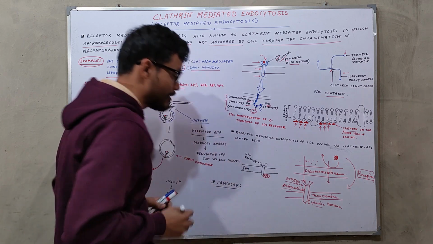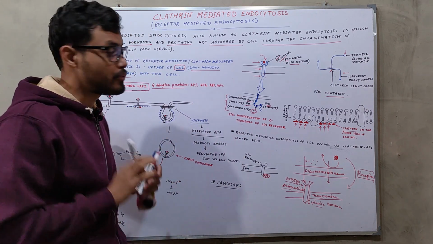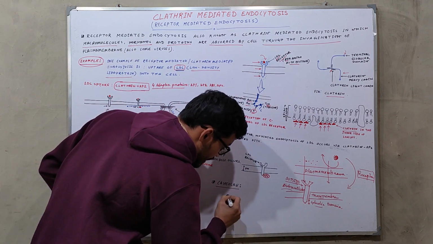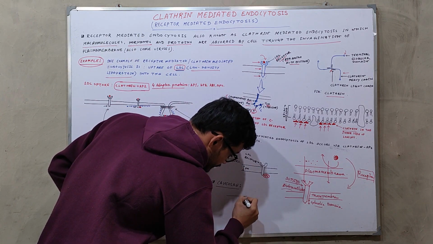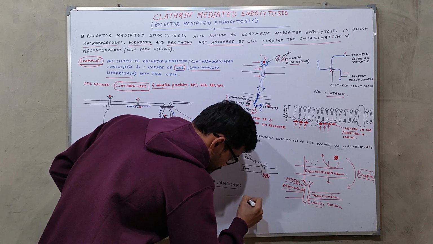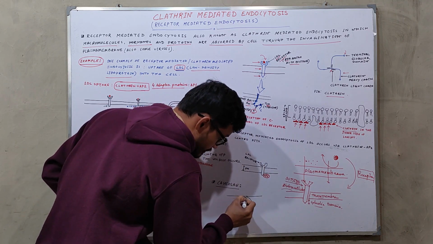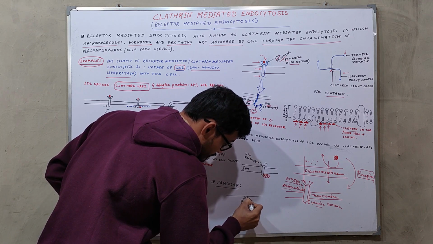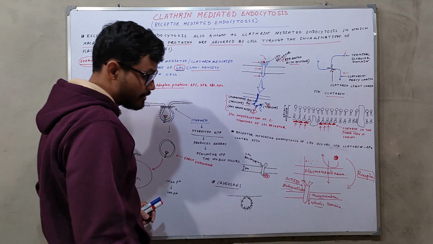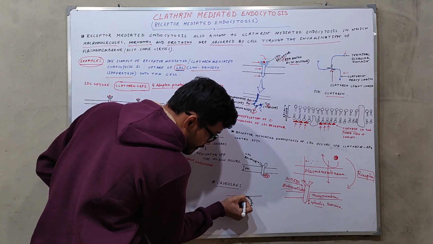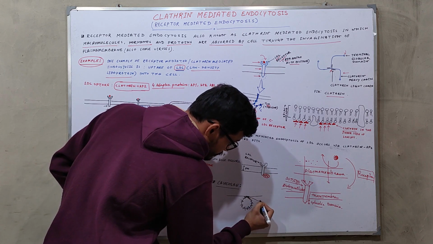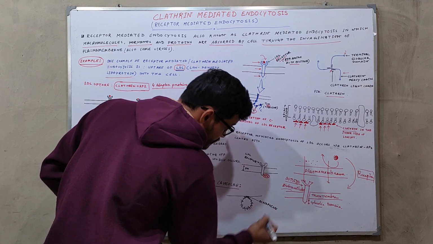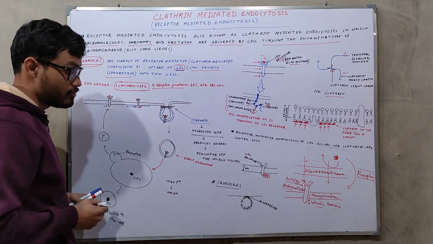So clathrins and caveoli, both of these proteins work in receptor mediated endocytosis, but in the case of caveoli, it also creates a vesicle, and the structure of caveoli is slightly different from clathrin, a triangular-like structure, and here also dynamin plays an important, crucial role.